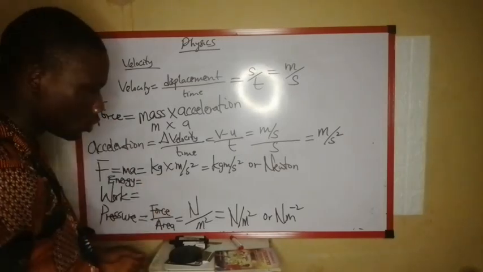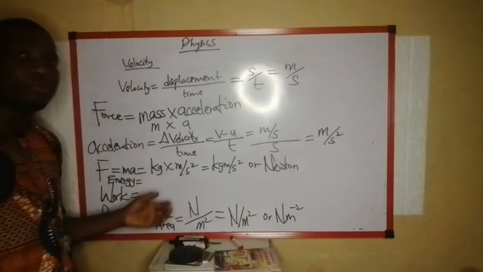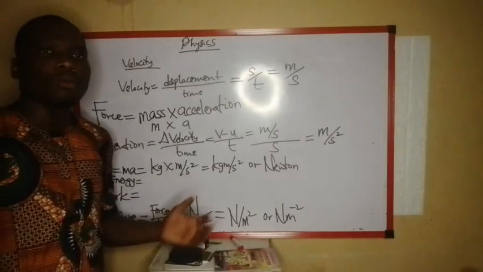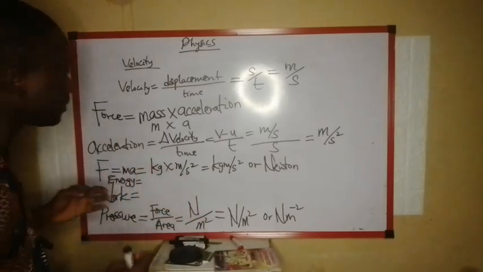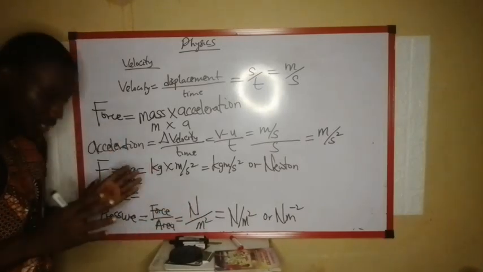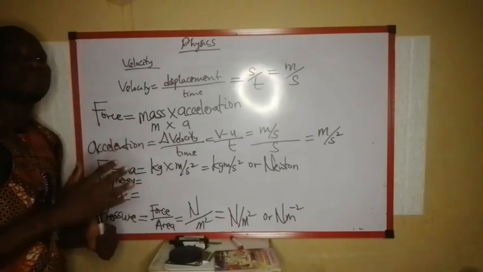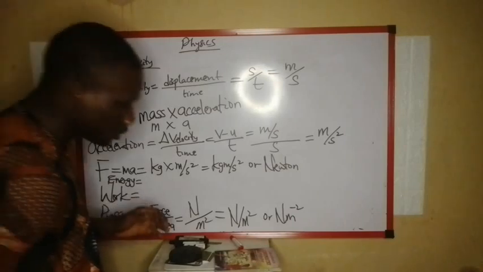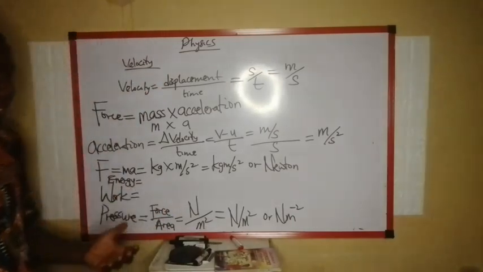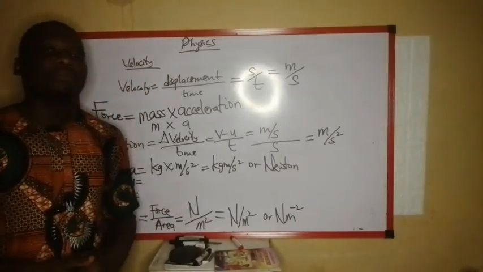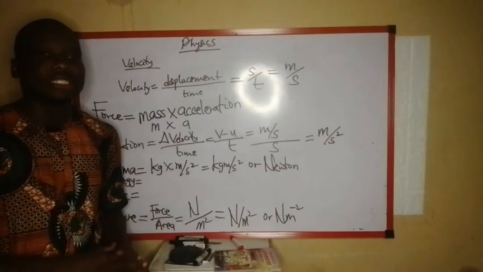Work, we have pressure, we have impulse, we have momentum, we have so many of these equations, so many of these units. But take note that every unit has its own specification. So you need to know the units and know how to apply them. I talked about distance, which is in meters.